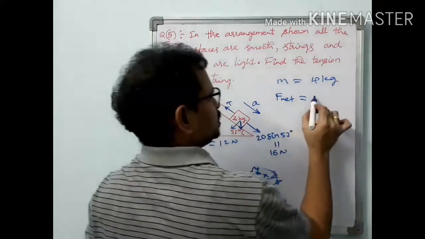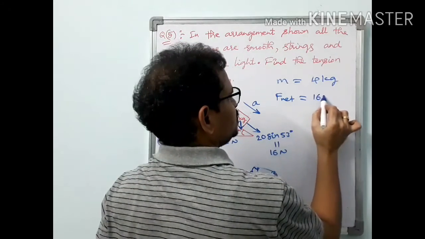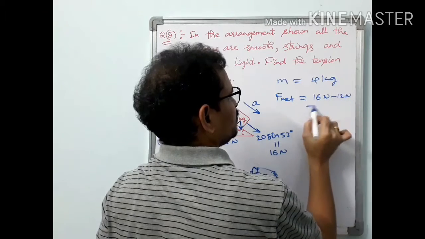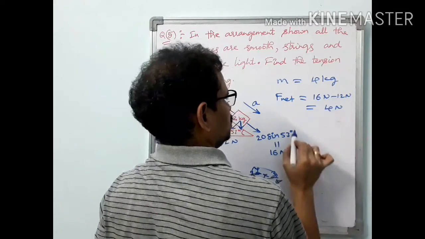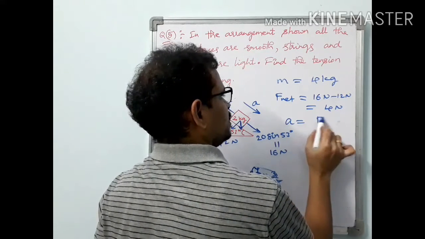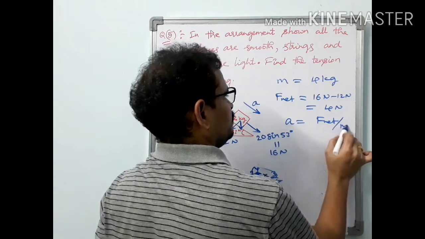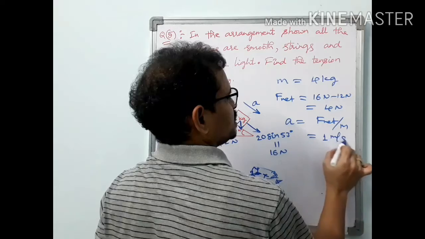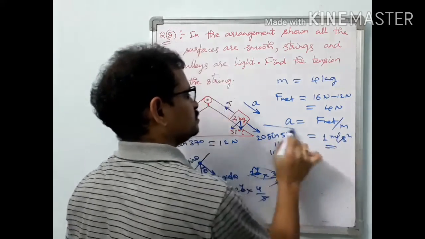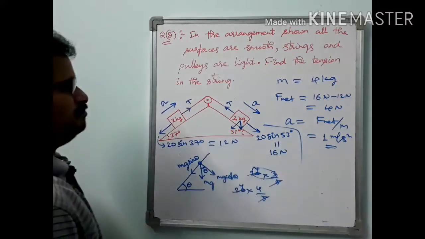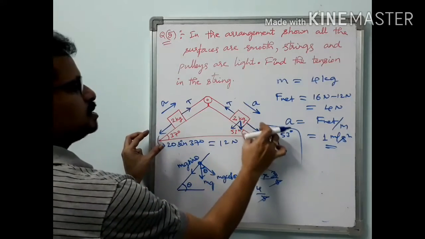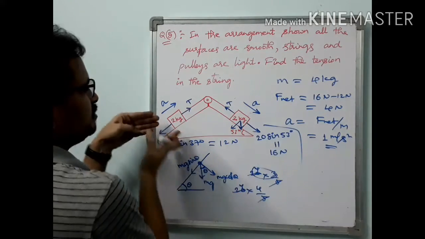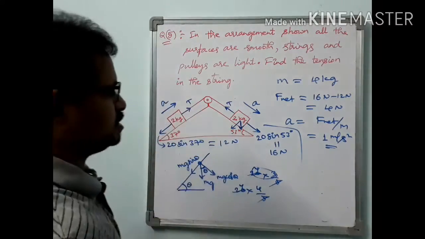So net pulling force is 16 newtons minus 12 newtons, that equals 4 newtons. So what is the acceleration here? Equal to F net by m, that equals 4 by 4 equals 1 meter per second square. This is the common acceleration. This block is sliding down with acceleration 1 meter per second square. This is sliding up with the same acceleration here.